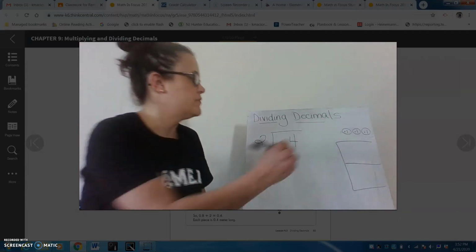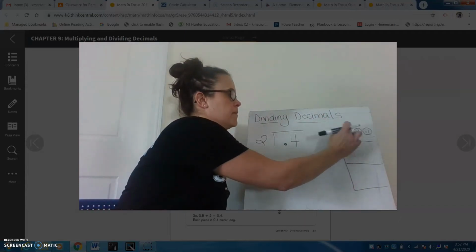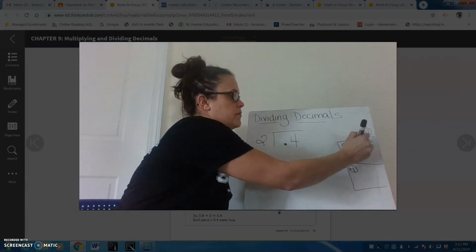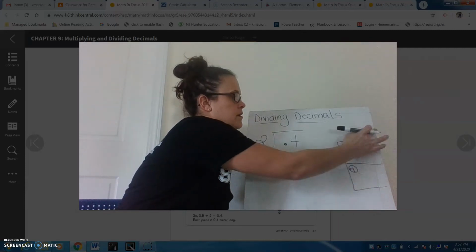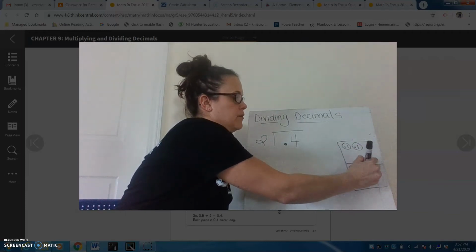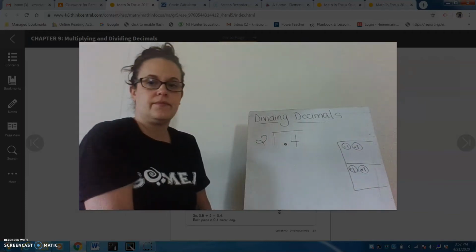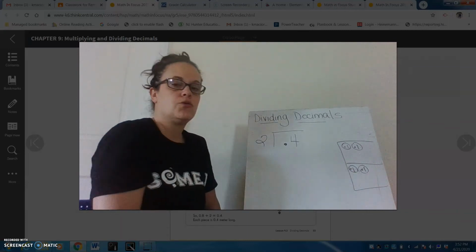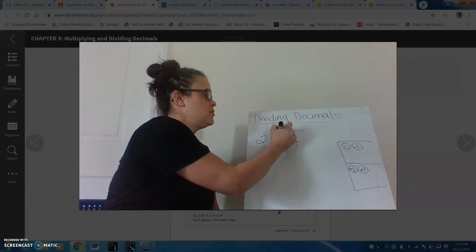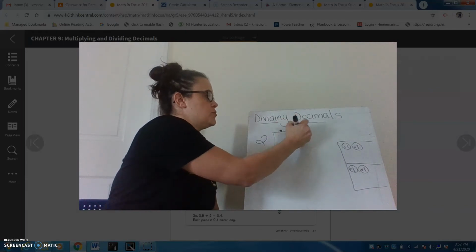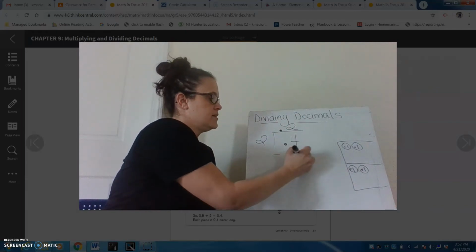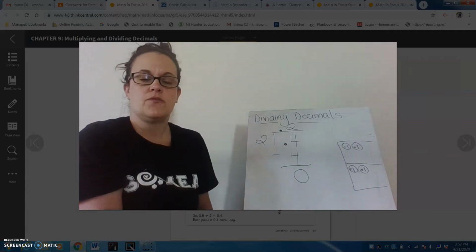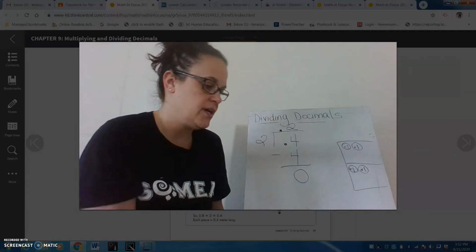So this one's going to come over here, and this one's going to come over here. And then finally, I'm out of everything that I started with. Okay, so notice I have 2/10 in each group. I align the decimal, I put the quotient, and I take it away from the whole. I have used it all. So 4/10 divided by 2 is 2/10.